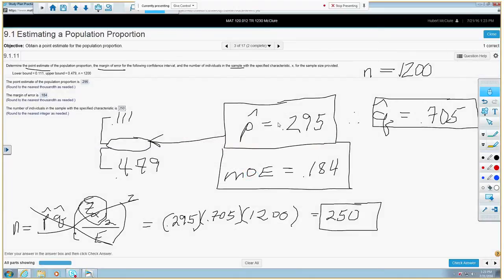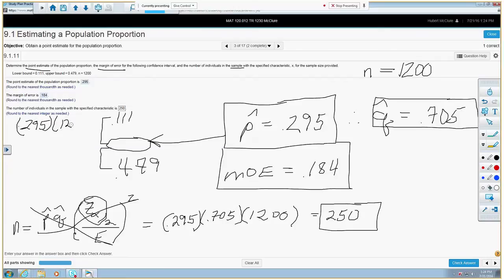Oh, I know what they're asking for. Take 0.295, the probability of this many people, so it'd be 30% of 1200, which would be 400, but go ahead and give me the actual number. 0.295 times 1200. 354. Okay, that's it. 354 of 1200.